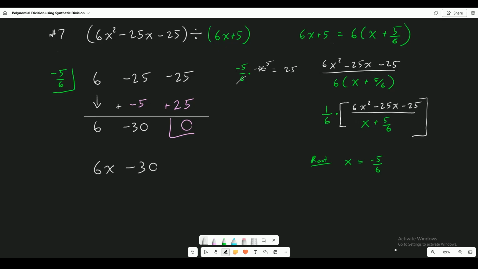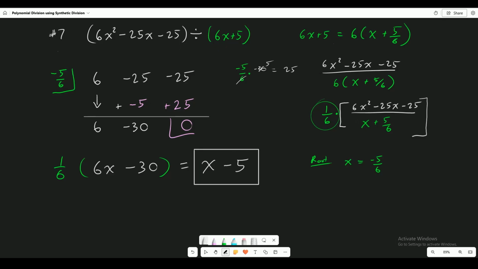But remember, we still need that 1/6 right here. So we're going to multiply this whole thing by 1/6. And when we do that, 1/6 times 6 is just x, and 1/6 times negative 30 is negative 5. And that's our final answer.